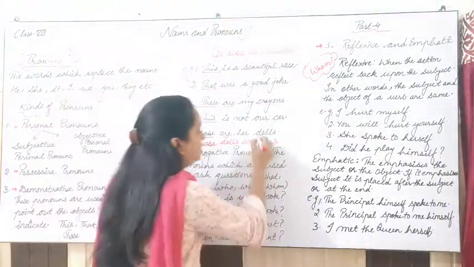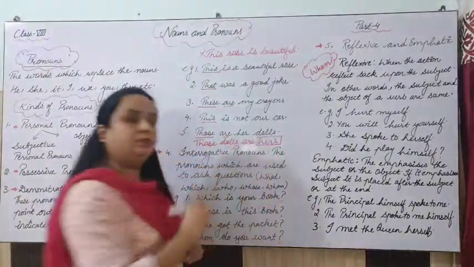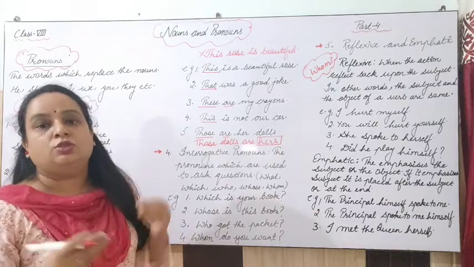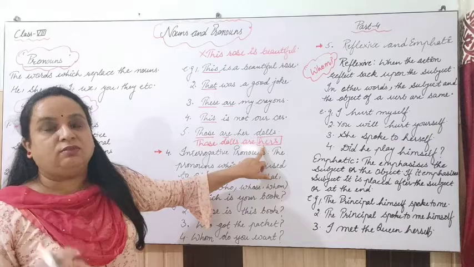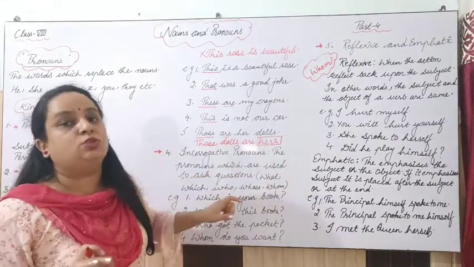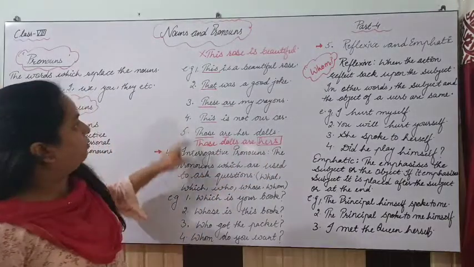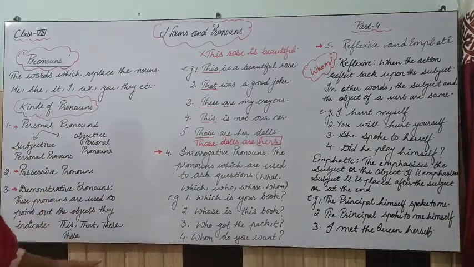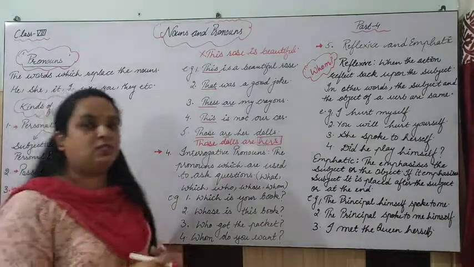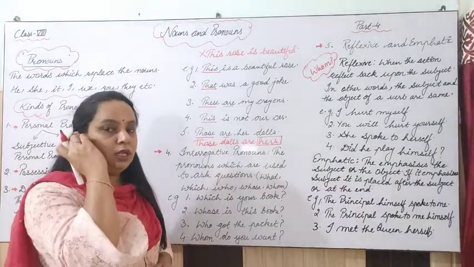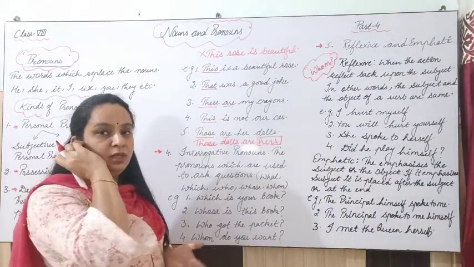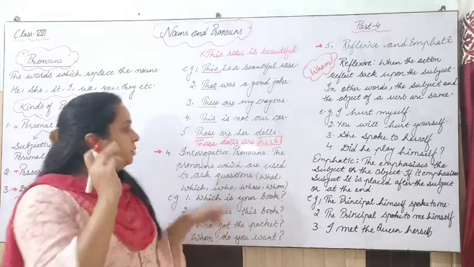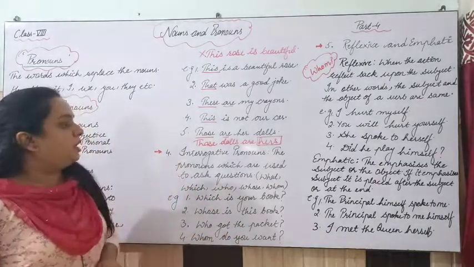So hers is telling us the ownership. So that hers will work as a possessive pronoun. Clear? So this you have to understand. So that was all about demonstrative pronouns, and the difference is only that the noun will create the difference. If the noun will be there, that will be an adjective. Okay. Next one is interrogative pronoun.